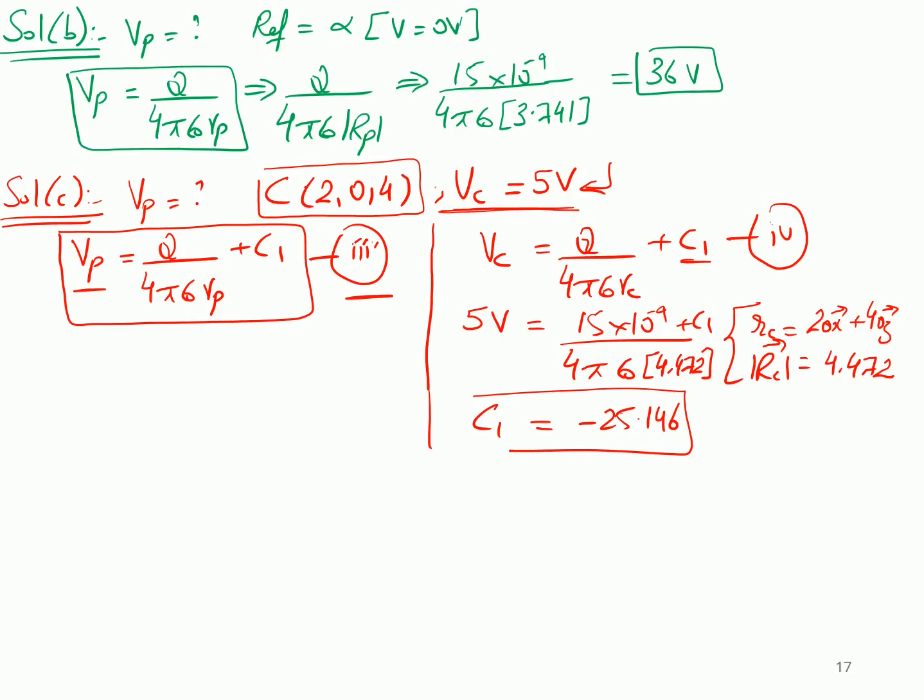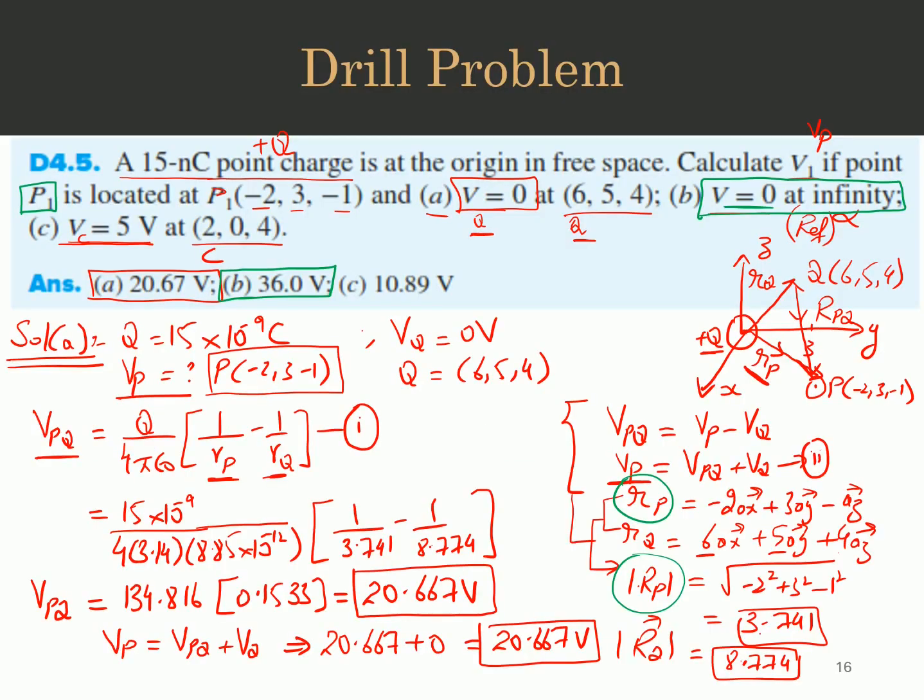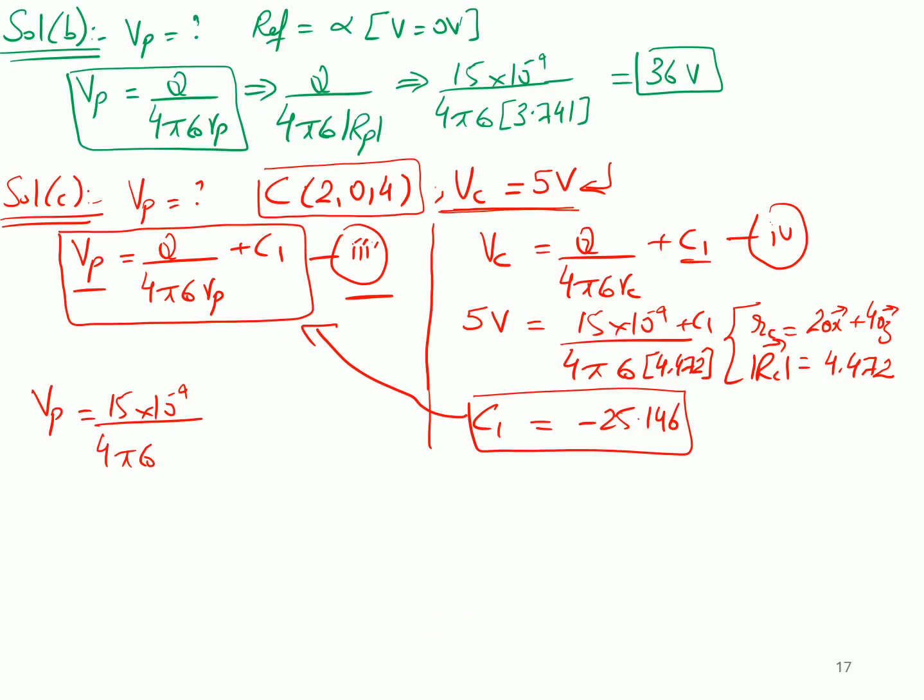25.146. Now use this value of C1 and put it into equation number 3. So the potential at P then comes out to be 15 into 10 raised to power minus 9 coulomb over 4 pi epsilon. R of P is already known, which is 3.741. So this is 3.741 and plus the value of C1 is minus 25.146.